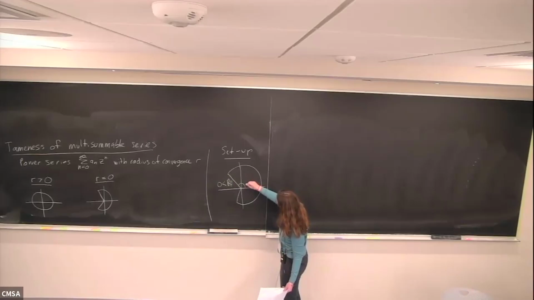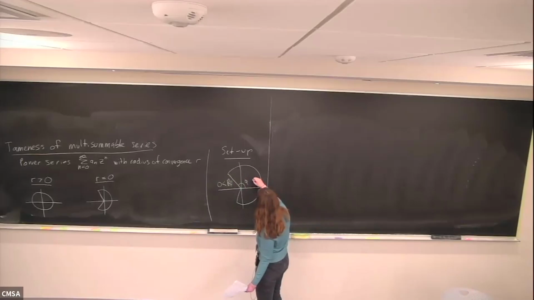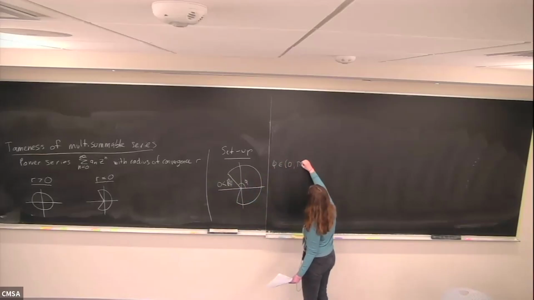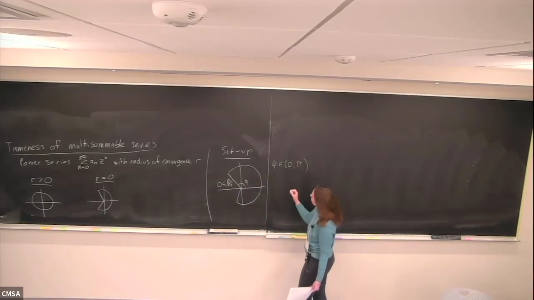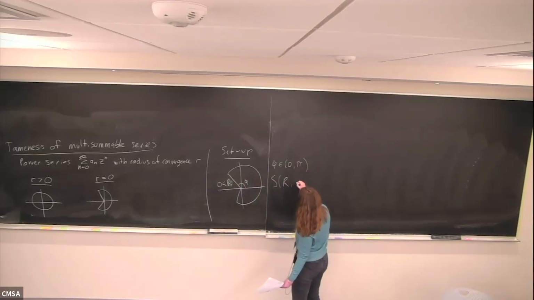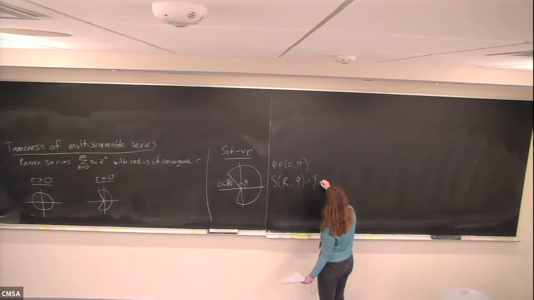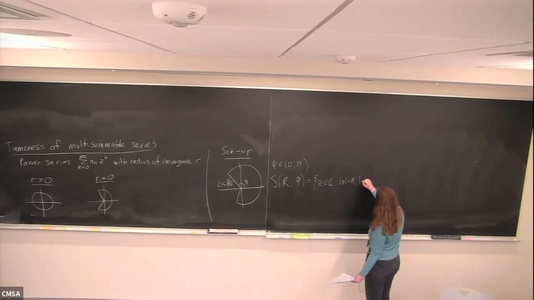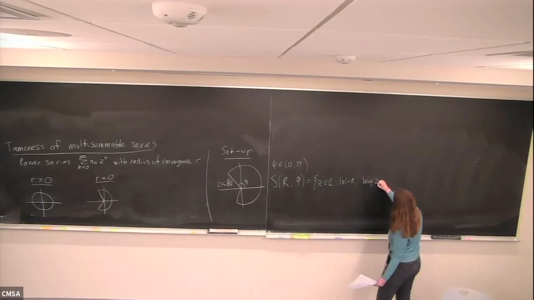And for the half angle of opening, I'll write phi, so phi is between 0 and pi. Then the sector of radius R and half opening phi is the set of complex numbers whose modulus is less than R and whose argument has absolute value less than phi.